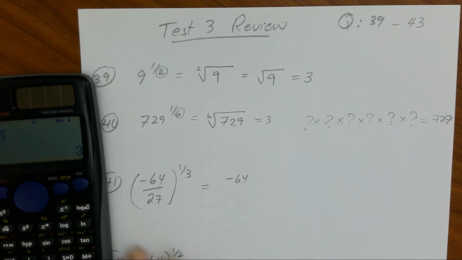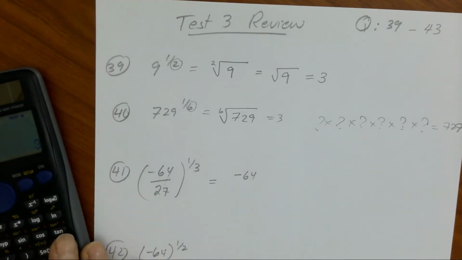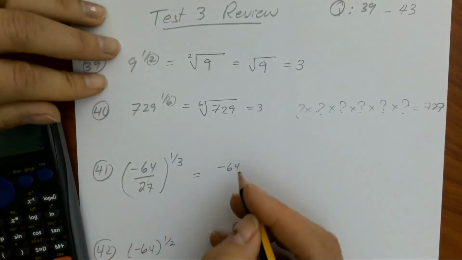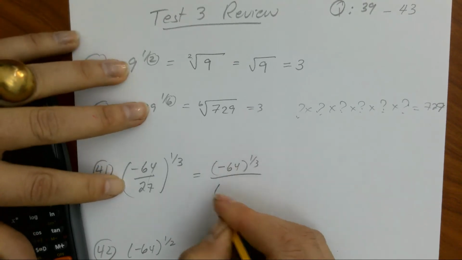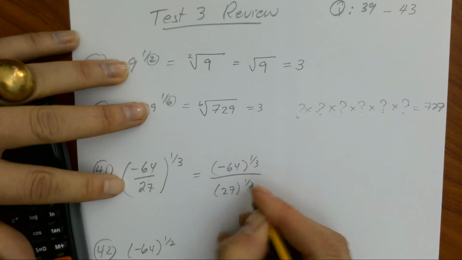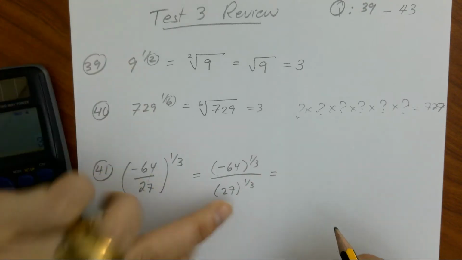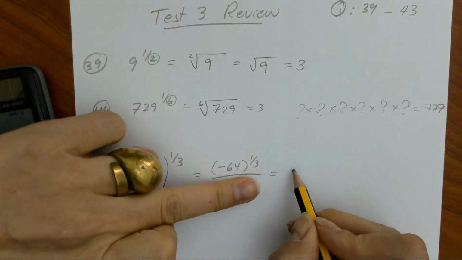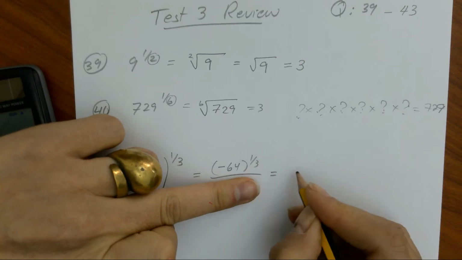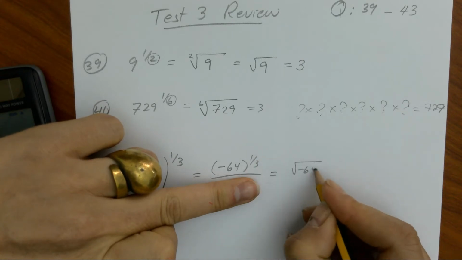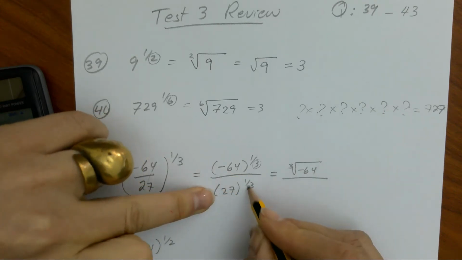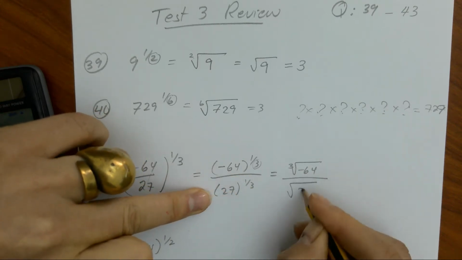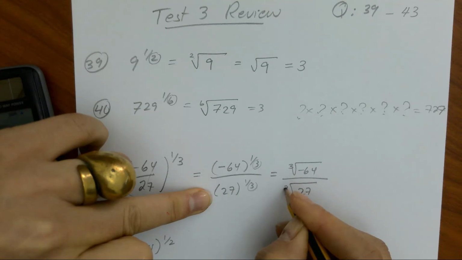So the question mark, 41. I just separate it into like 2 separate questions. So here, because it's a fractional exponent, I'm going to do the radical sign, and whatever's there goes there.